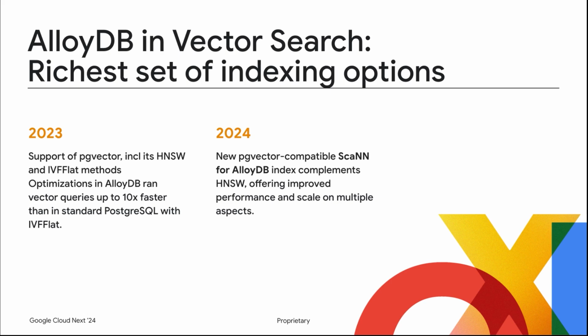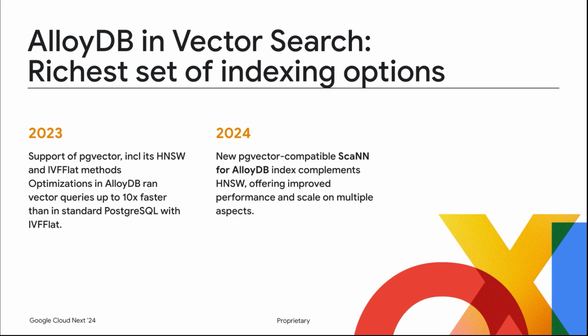AlloyDB has gone into vector search since 2023 and offers a rich set of indexing options. First, in 2023, we supported the popular pgvector extension, including its HNSW and IVF-flat indexing methods. We also produced optimizations that accelerated IVF-flat 10 times.